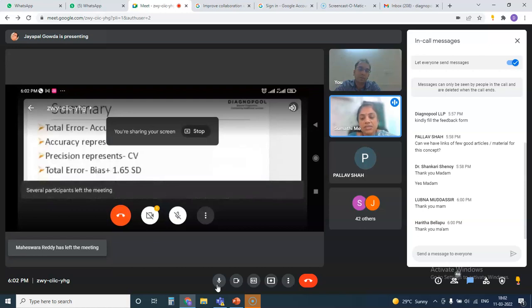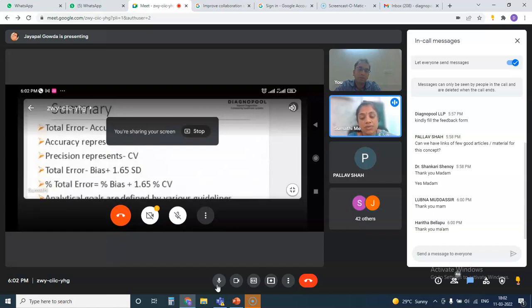So ideally CV into 3 covers the 3 SD variation, in which we can also cover the bias. So that is the concept, but exactly why CV into 3 is considered is based on statistical analysis, I believe. Exactly the reason behind including 3, even I don't know.